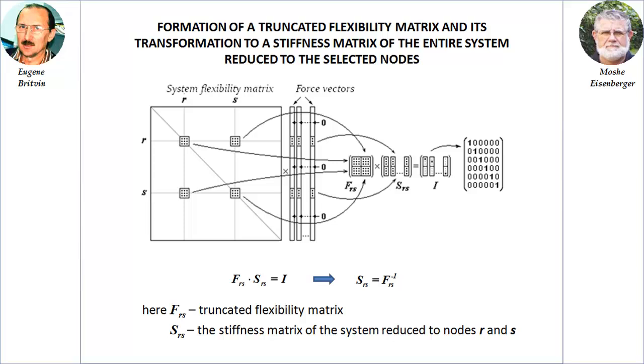First, note that, despite the fact that the flexibility matrix is completely filled, all matrix blocks of interest will be located within the same band structure as the original stiffness matrix. Second, since the flexibility matrix, like the stiffness matrix, is symmetrical, it is sufficient to form, for example, only the elements lying below or above the main diagonal.